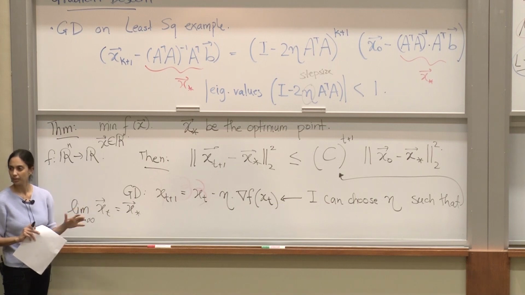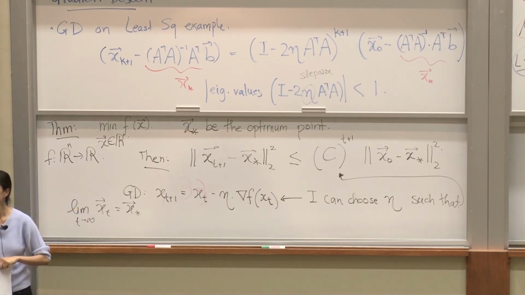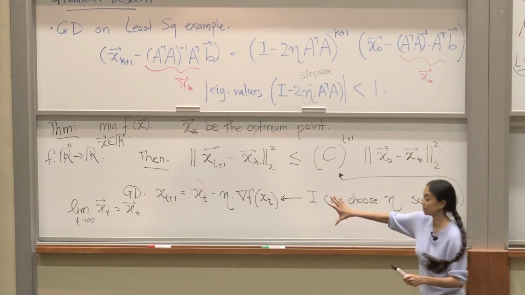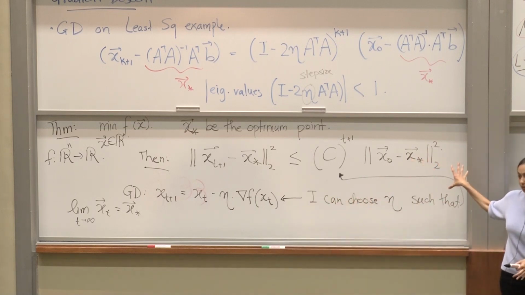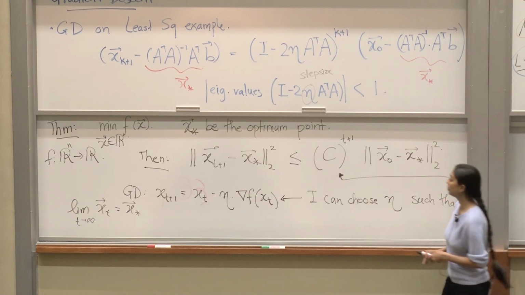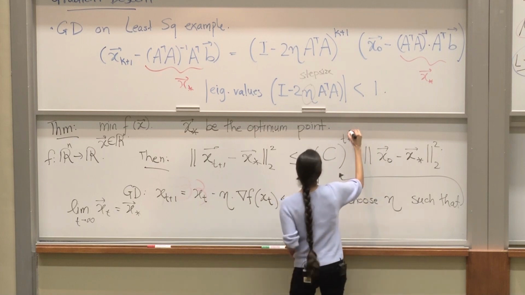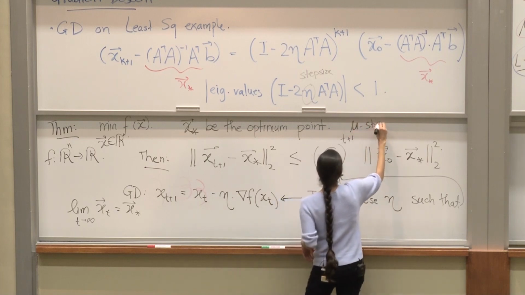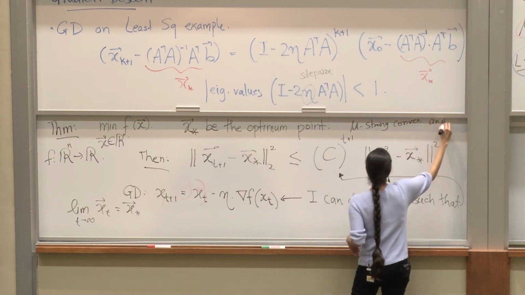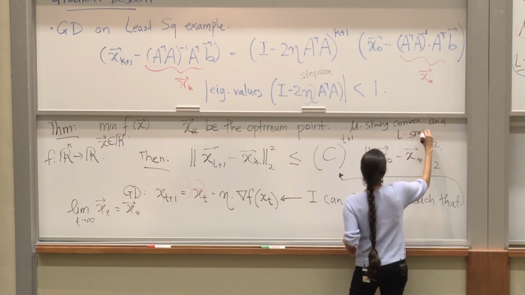Okay? Yes, question? So just to make sure I understand, this theorem isn't true for all f. We're just saying like this is a theorem format. Great, excellent question. So saying we want to be able to prove a theorem of this sort. This theorem is not true for all f. We are going to prove this theorem for f's that are mu strongly convex and L smooth.